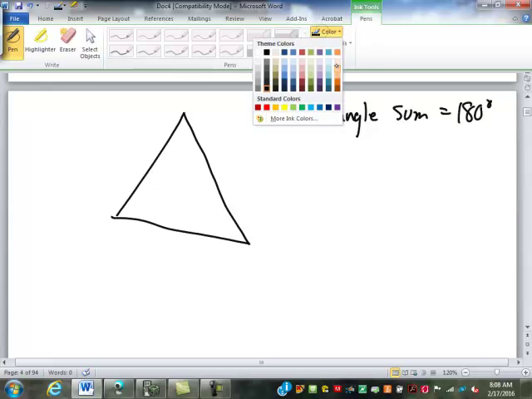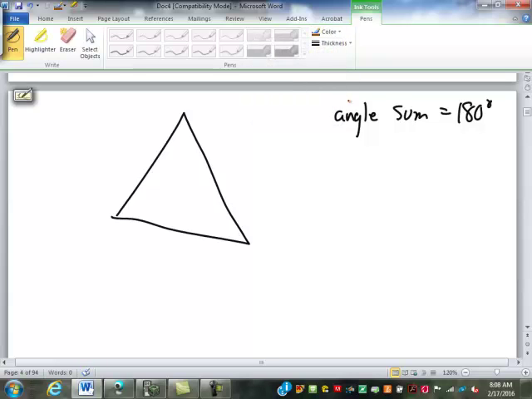Now I'm going to go through something with you here to show you how we get that for a triangle and for any figure. Of course, n equals 3, because a triangle has 3 sides, 3 angles, 3 whatever you want to call it, right? So if I start walking in the direction of one side here, when I get to the corner, I'm going to turn.